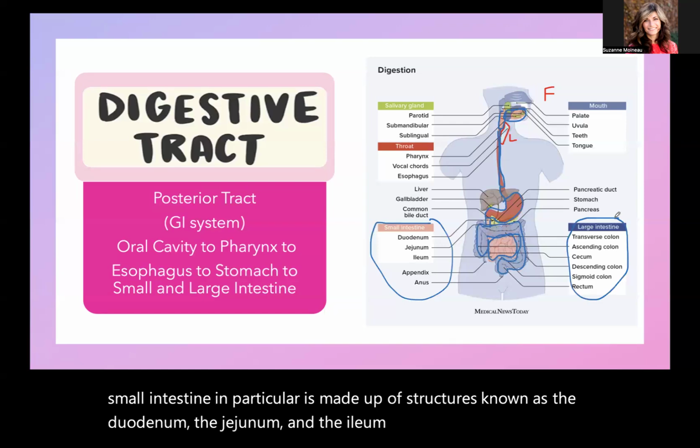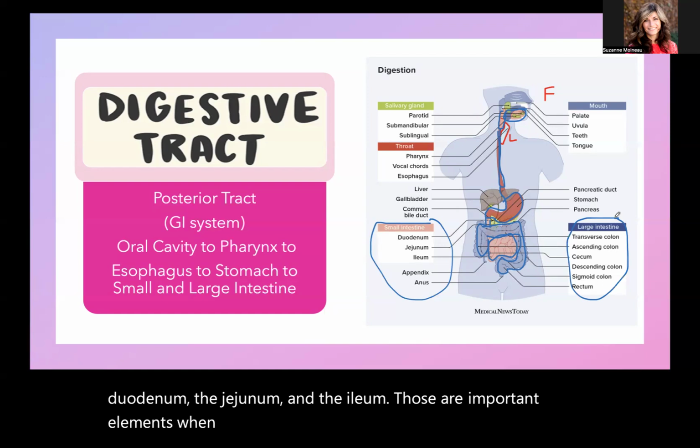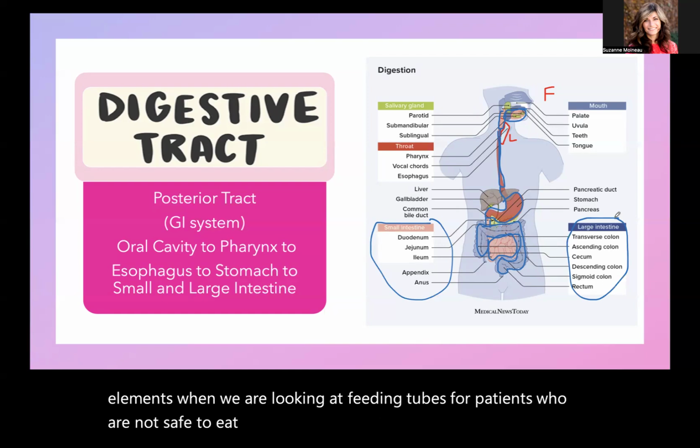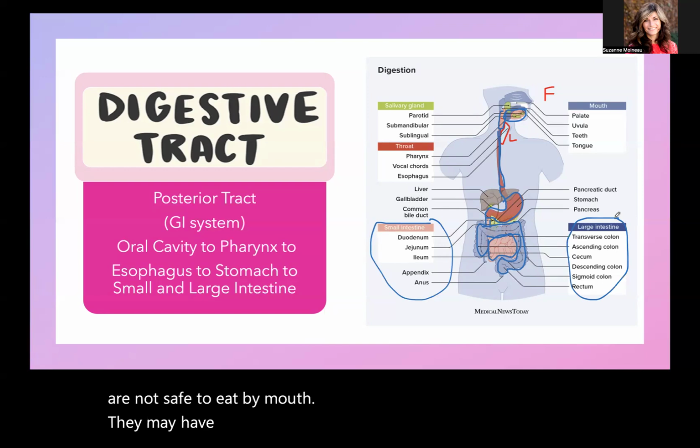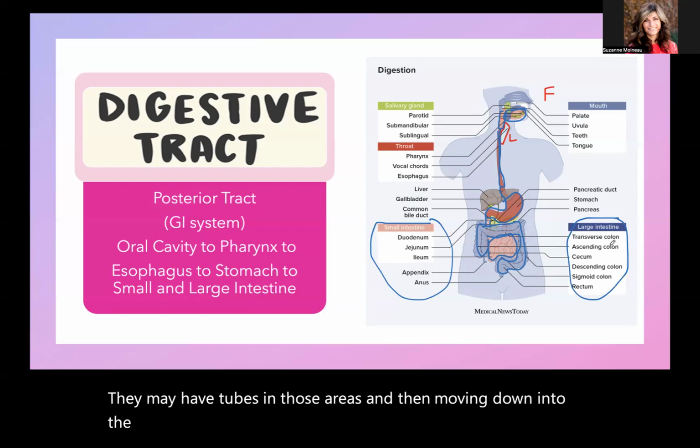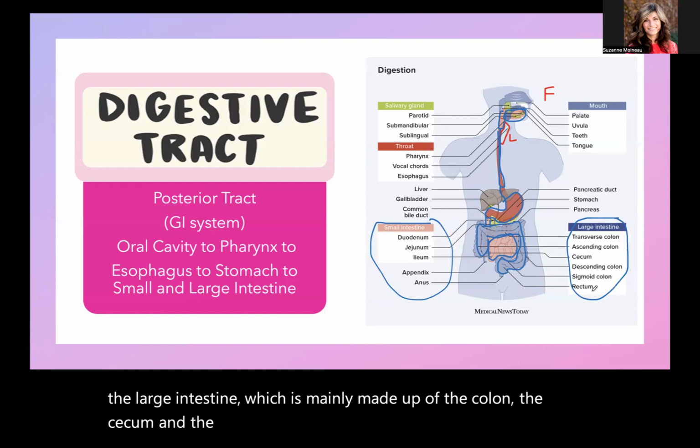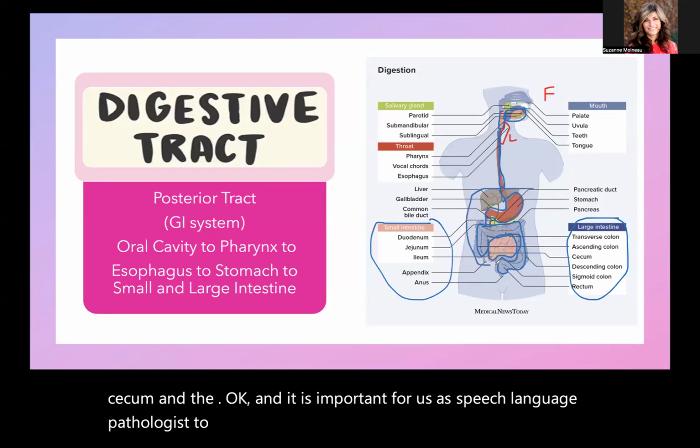Those are important elements when we are looking at feeding tubes for patients who are not safe to eat by mouth. They may have tubes in those areas. And then moving down into the large intestine, which is mainly made up of the colon, the cecum, and the rectum.